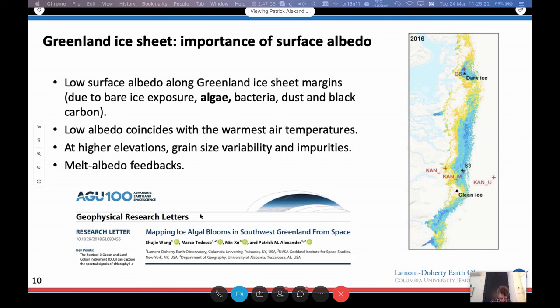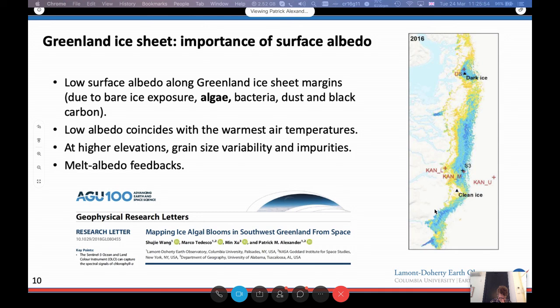For the Antarctic ice sheet, as you saw, there aren't many areas where there's a lot of melting, but there are some places where there is considerable melt, especially up on the ice shelves. And so these are some recent studies by Robin Bell and Bonnie Kingslake showing water on the surface of these ice shelves and even on glaciers in Antarctica.